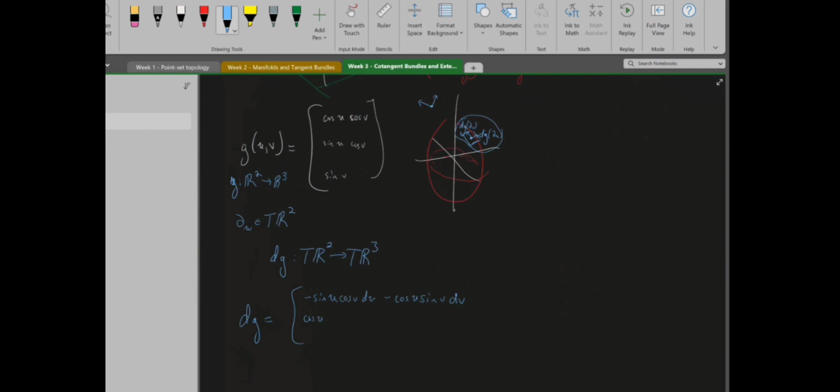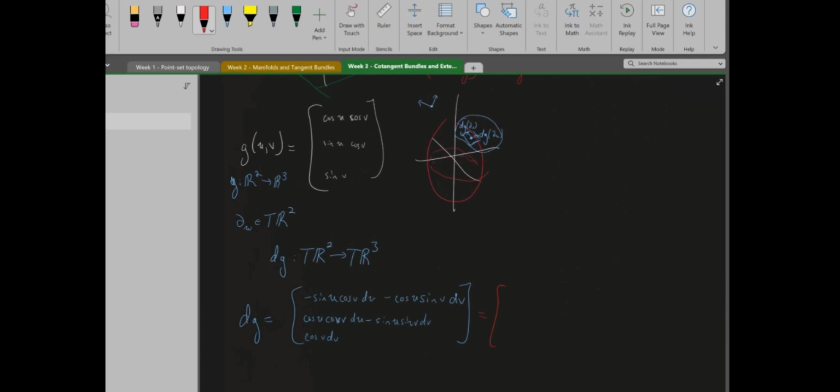So, cosine u cosine v du minus sine u sine v dv, and finally cosine v dv. So now I can take this as being like a matrix, actually. It literally is, it's a Jacobian.